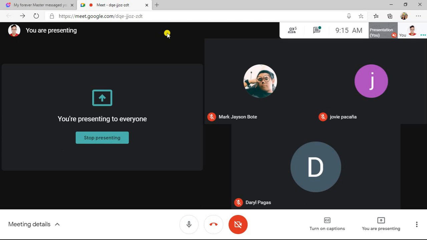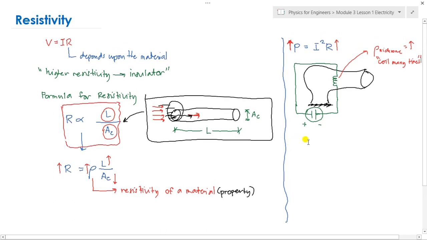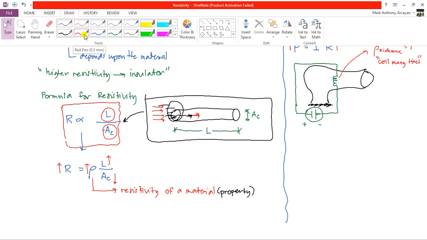Mr. Pagas, Miss Pakanya, Mr. Bote, why is it coiled? Okay, and specifically which parameter from our formula will increase? Not necessarily resistivity, but what will increase here?